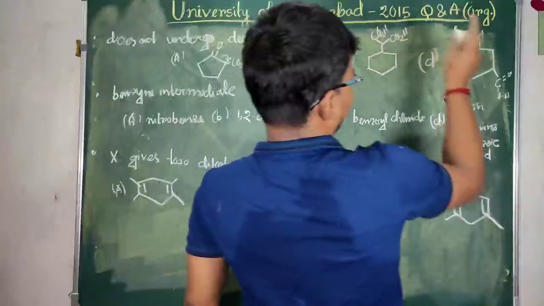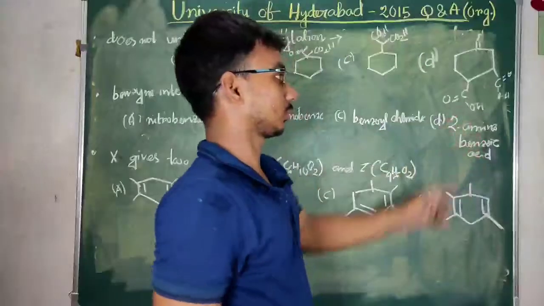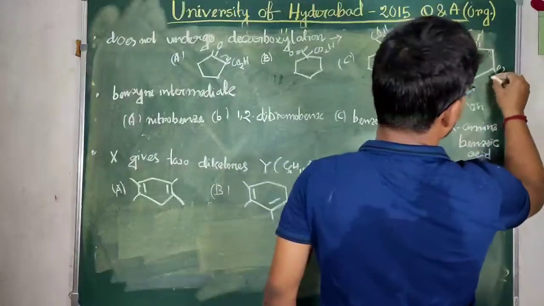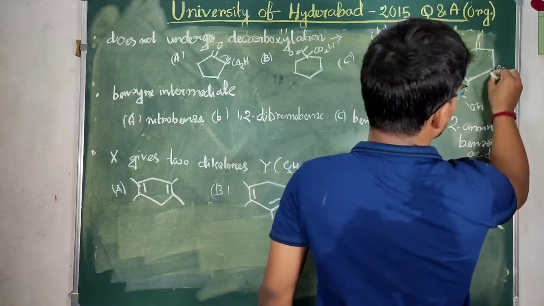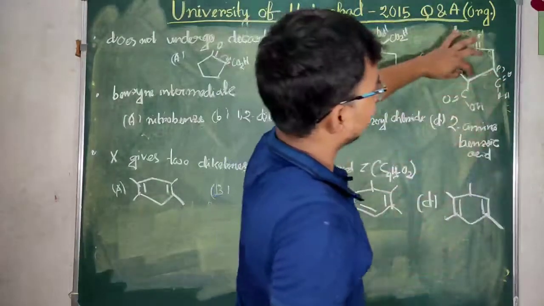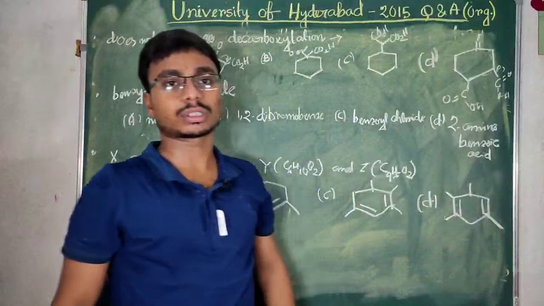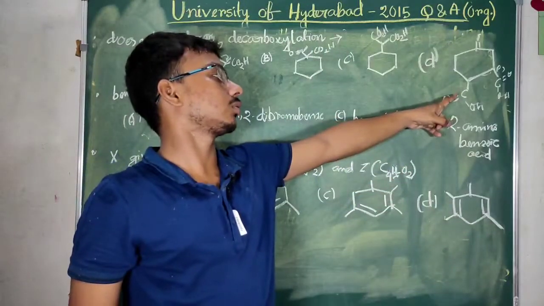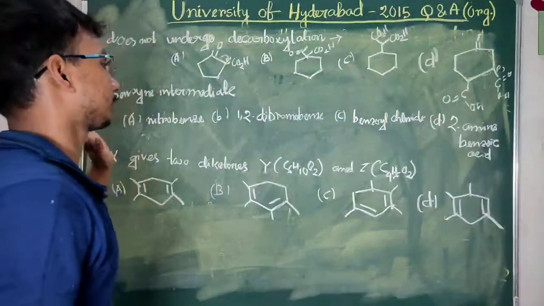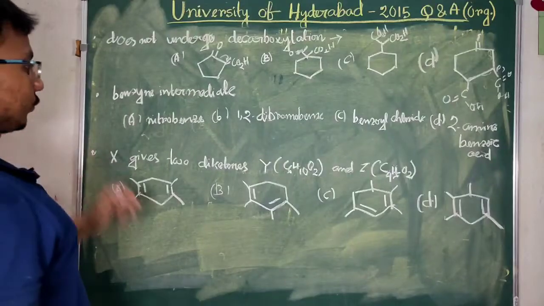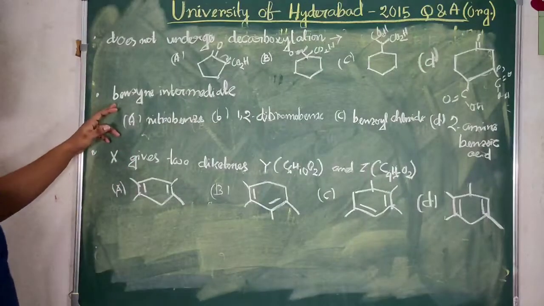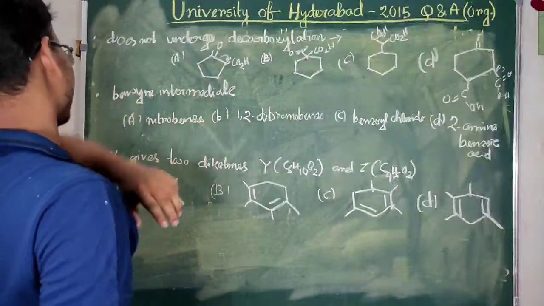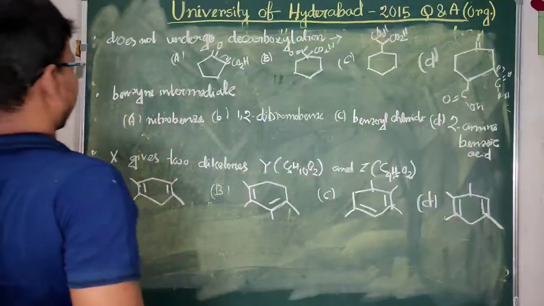But in this compound, if a negative charge is created, no conjugation is possible. That's why for this compound decarboxylation will not occur. So without wasting any time, we move to our next question.